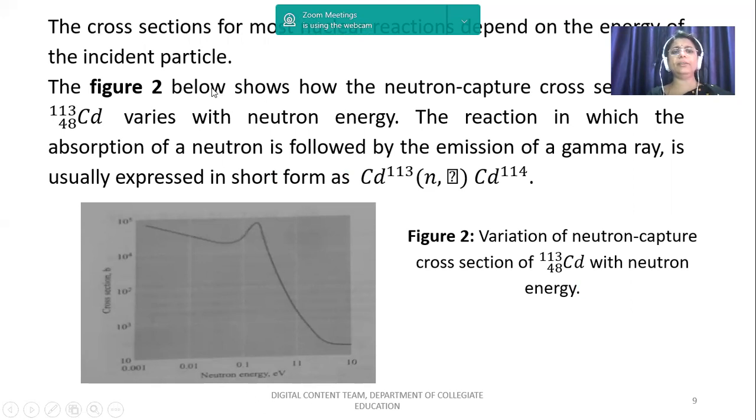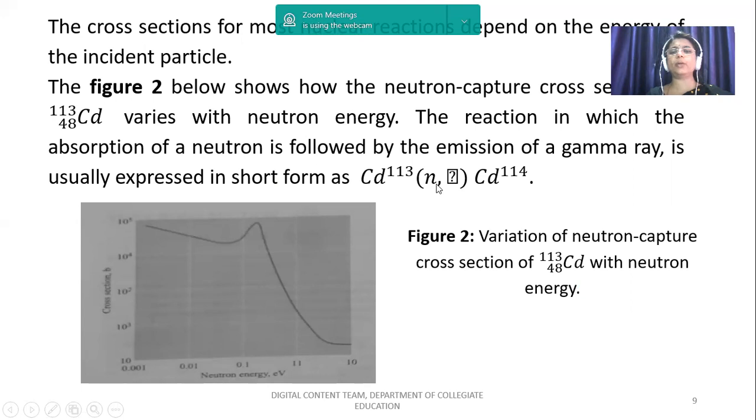As I've given here, figure 2 shows the neutron capture cross section of cadmium-113, which varies with neutron energy. The reaction in which the absorption of a neutron is followed by the emission of a gamma ray is usually expressed in a simple form, as I have shown here for cadmium-113.